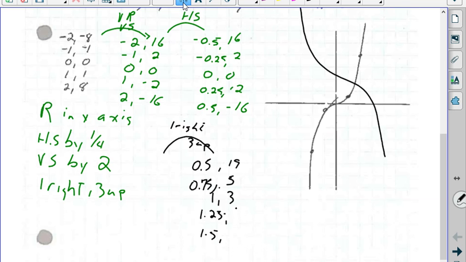So I have positive 1, and I'm going to have negative 13. Any questions?